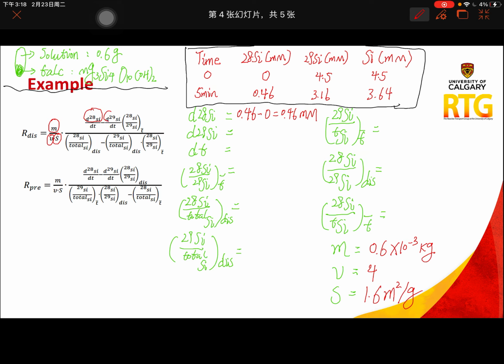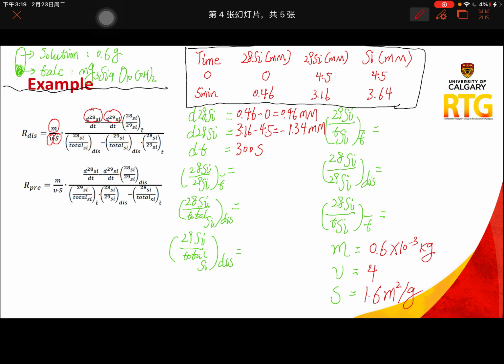The d29 is 3.16 minus 4.5, which equals negative 1.34. And dt is 5 minutes, which is 300 seconds.